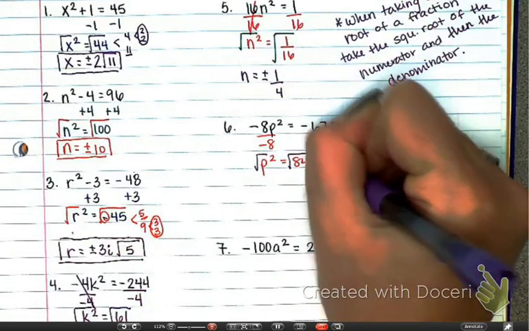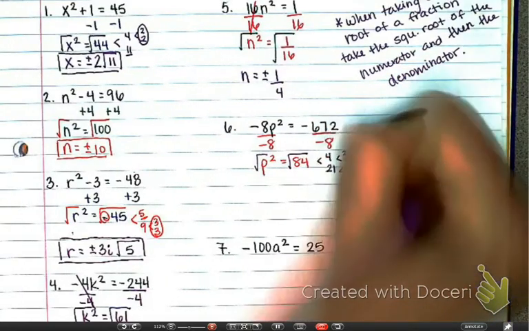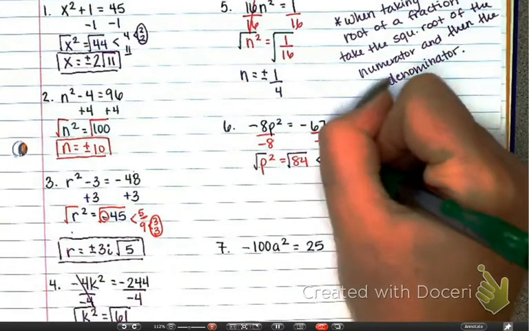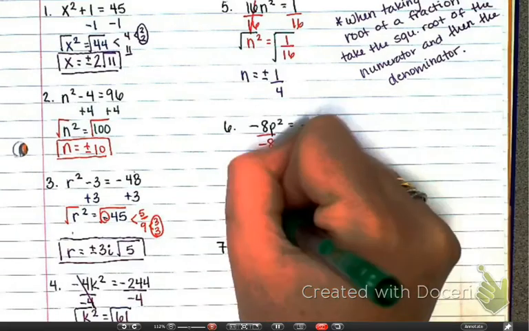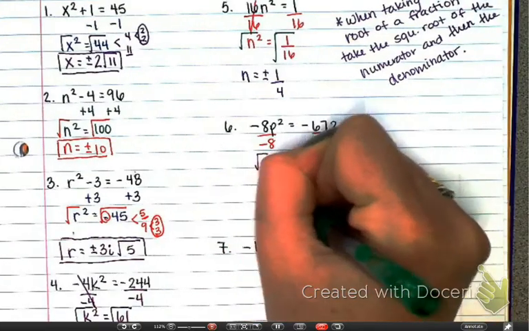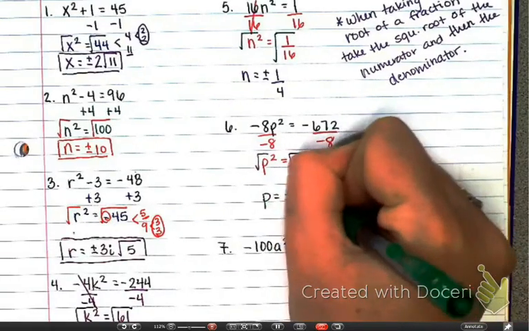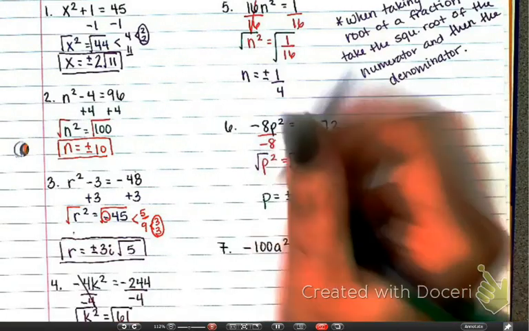Okay. 4 breaks down to 2 and 2. 21 breaks down to 3 and 7. I have a pair of 2s, a leftover 3, and a leftover 7. So you should have p equals plus or minus. You took out your pair of 2s. 3 times 7 is left over, and that gives you the square root of 21. Okay, that one was okay.